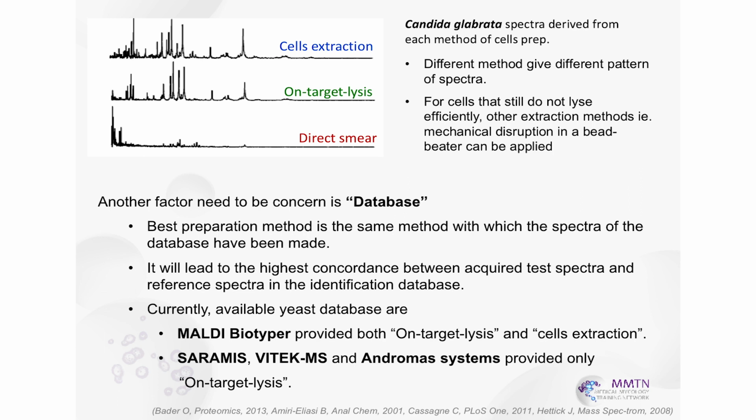For example, Candida glabrata derived from each method gives a different pattern of spectra. If the cells do not lyse efficiently, it cannot work. So please consider this when you want to buy from each company and which process, because this will be involved in your database.